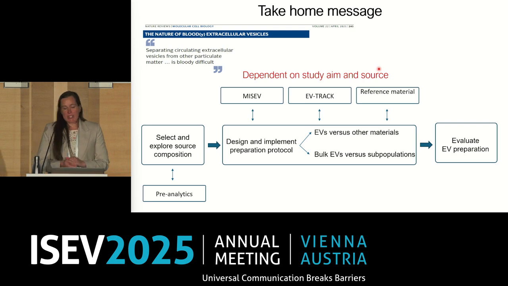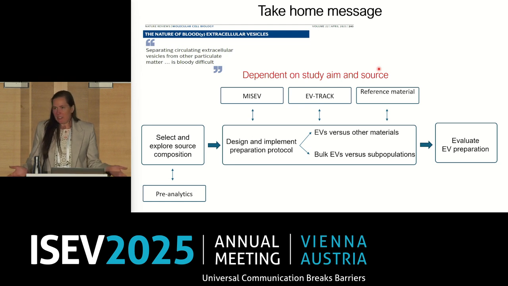So as a take-home message, I want to conclude that it's very challenging to study and analyze extracellular vesicles in biofluids. And unfortunately, no, there is not one gold standard method that we can all implement, because the protocol that you need to implement really depends on the aim of the study. What do you want to show, and what do you want to use the application for, and what is the source?